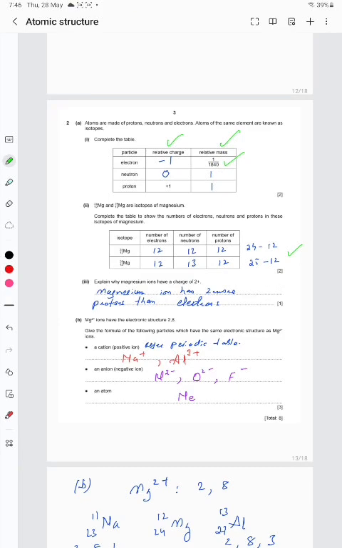Mg2+ ion has the electronic configuration of 2,8. Give the formula of the following particles which have the same electronic configuration as Mg2+.